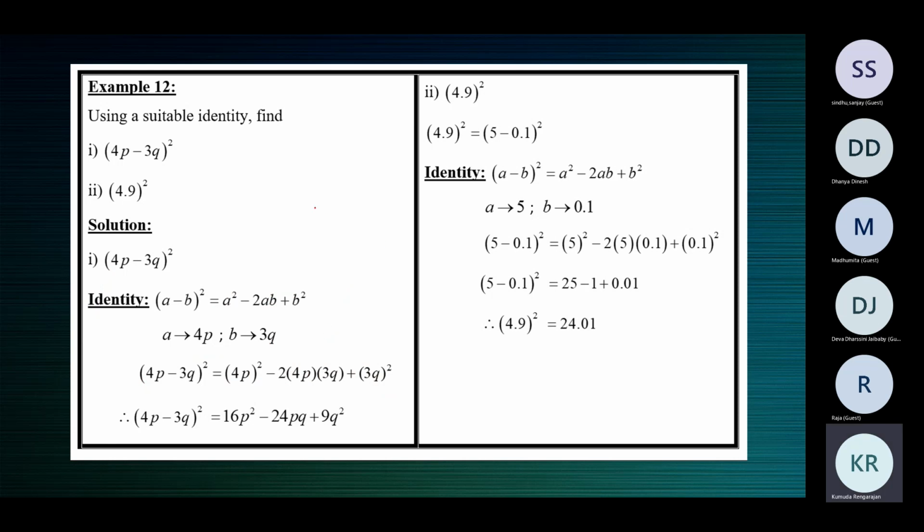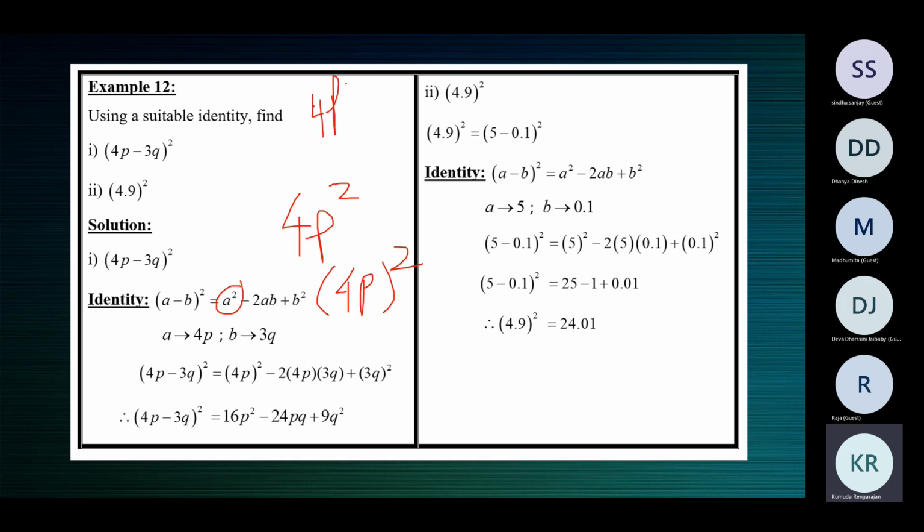And children, you should not write 4P square like this. This is a common mistake. See, it is A square. Whatever is A should be squared. What is A? A is 4P. This full thing is A, from here to here it is A. You should square this.